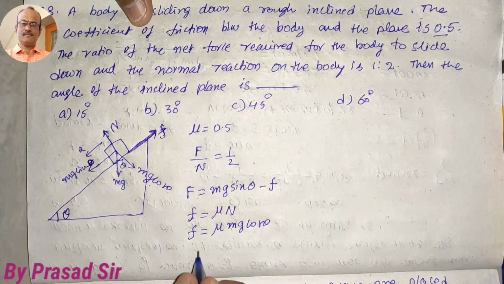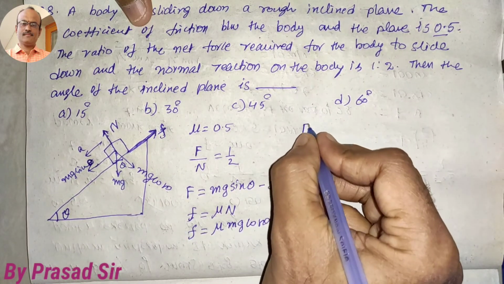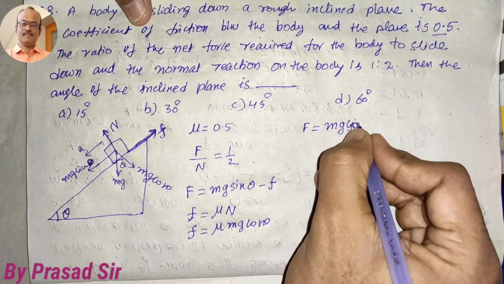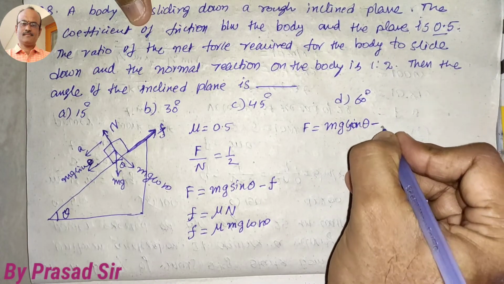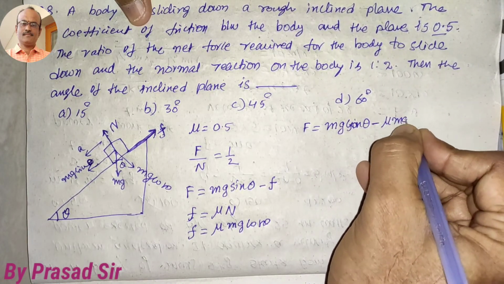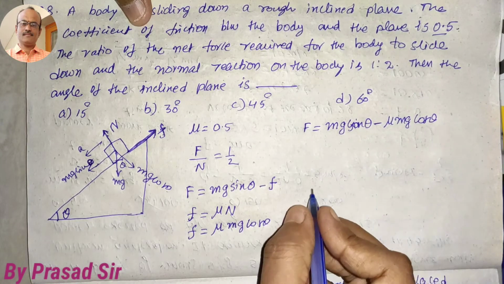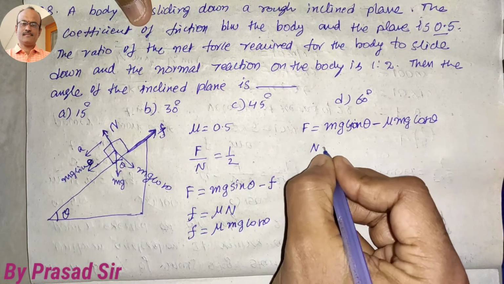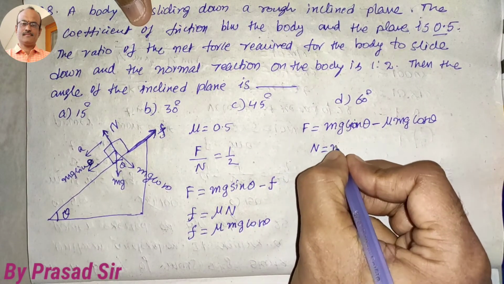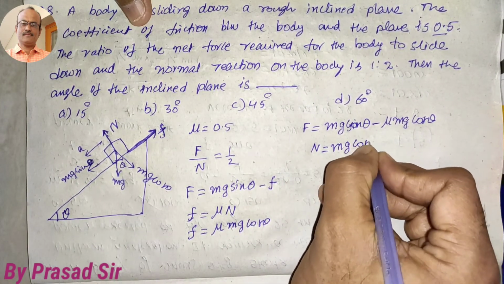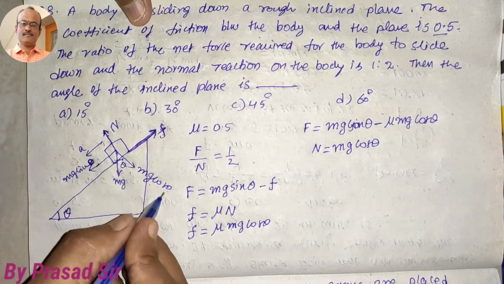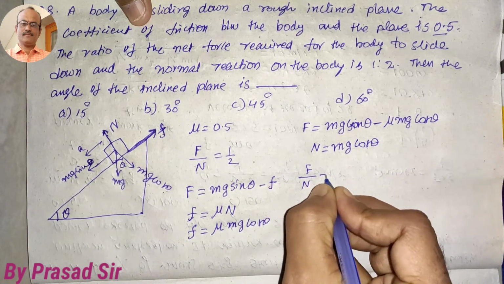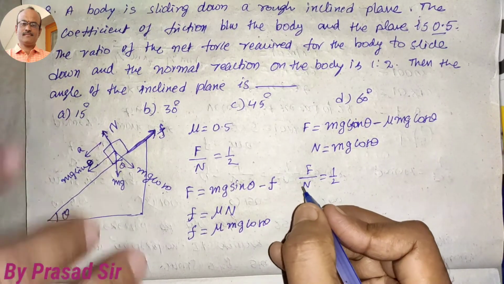So now I will write the equation: capital F is equal to mg sin theta minus mu mg cos theta. That we have to remember. The normal reaction is equal to mg cos theta. But here F by N is equal to 1 by 2. So what is F here?